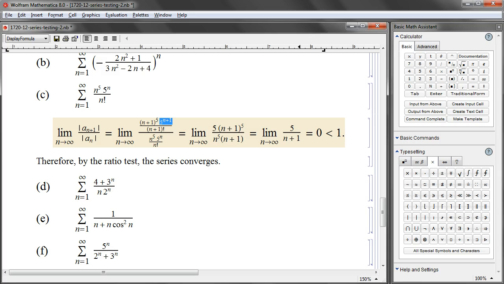And 5 to the n plus first power and 5 to the nth power cancel out, and we just have 5. How about n to the 5th power and n plus 1 to the 5th power? That's just algebraic, and the limit of this ratio will just become 1, as a matter of fact. And in the end we have something like this, and the limit of that ratio is 0, certainly less than 1. We have absolute convergence there.